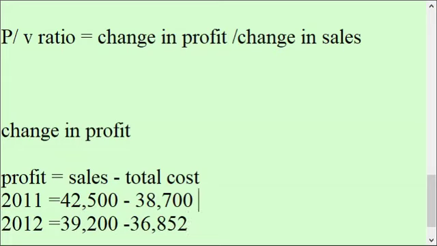So profit comes to 42,500 minus 38,700. So that will give the answer of 3,800. Okay. And in the next year, 39,200 minus 36,852, we get an answer of 2,348.